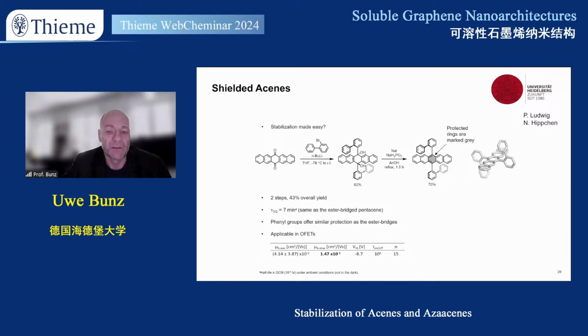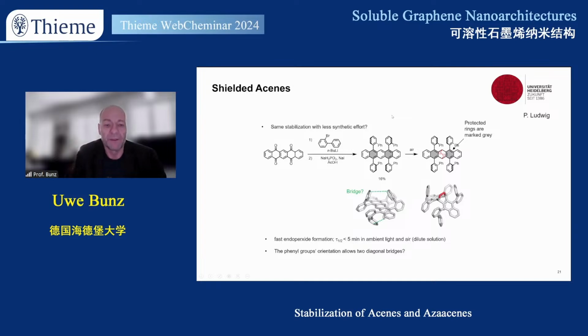So one of the things we have done is we have tried to add a biphenyl to pentacene-dione, but the corresponding adduct here is not particularly stable with a half-life of 7. So it's like phenyl groups offer similar protection as some bridges.